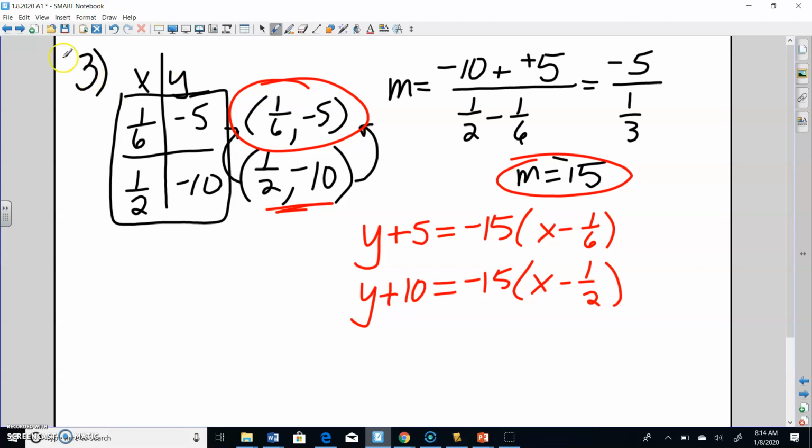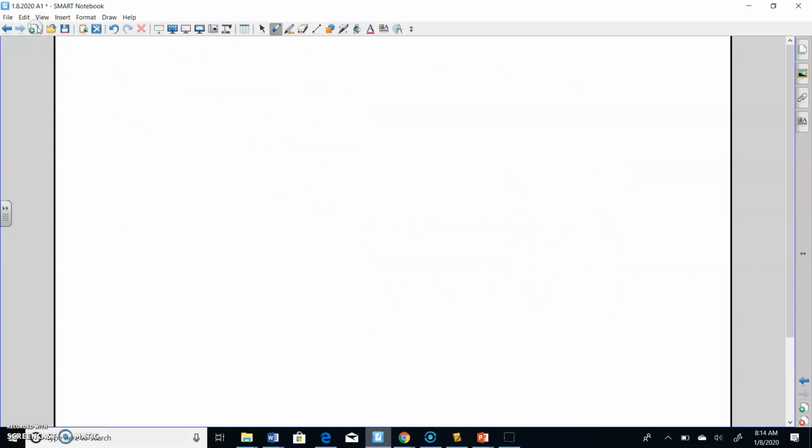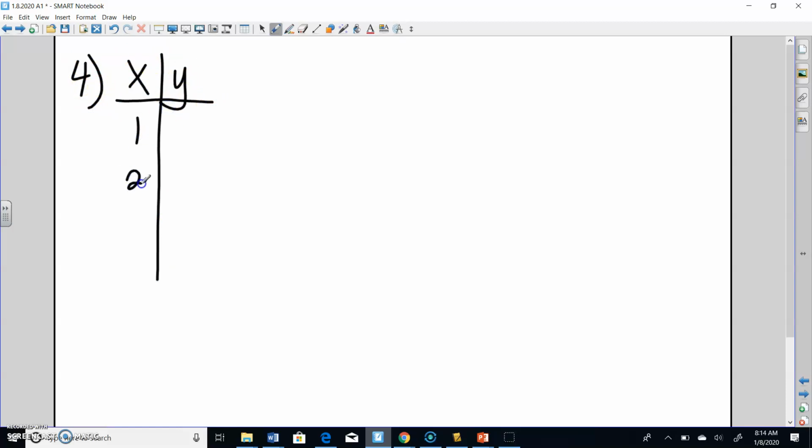Let's take a look at number 4. It's a table again with fractions. So again, we need to find our slope, y2 minus y1.